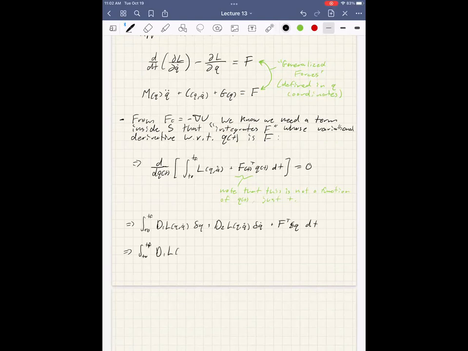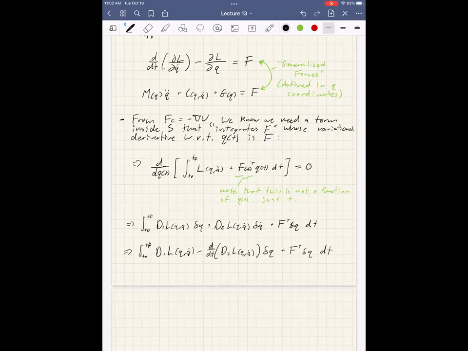that second term turns into minus, pick up a minus sign, flip the dot. So this guy, and then I get delta Q, and then this guy's all there. So now I can pull the delta Q's off.